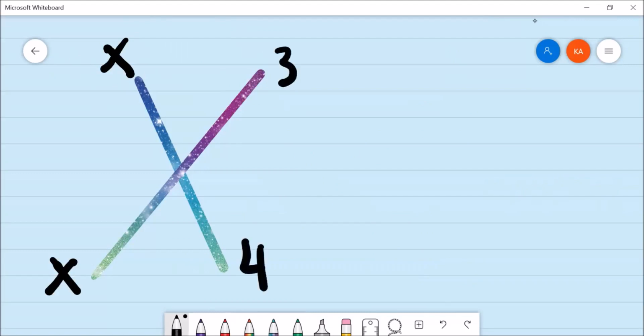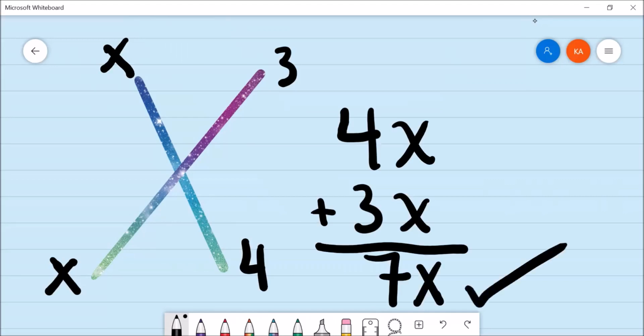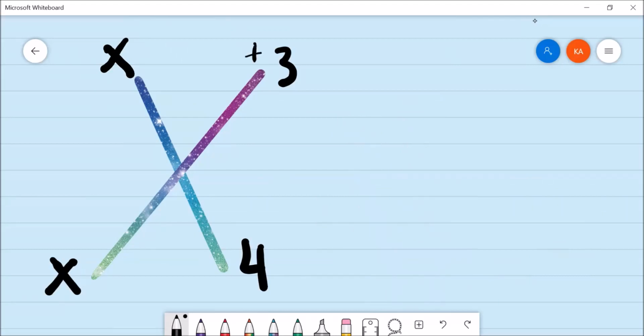If we multiply the opposite factors, x times 4 is 4x, and x times 3 is 3x. They add up to 7x, which is the midterm that we want in our quadratic equation. But now, how can we write the factors?